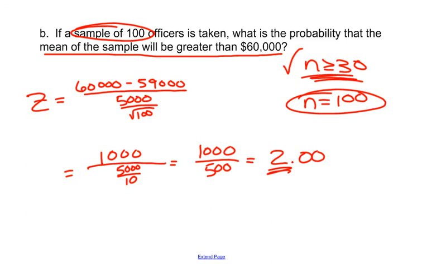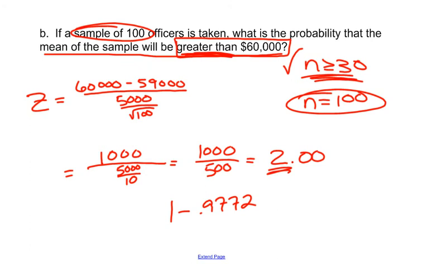So we're going to go look, and since we want to be greater than 60,000, we're going to look up 2.00 in the table, and that gives us an area of 0.9772. But since it said greater than, we're going to subtract from 1.